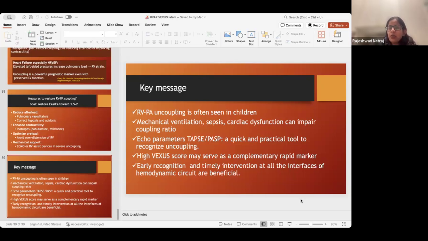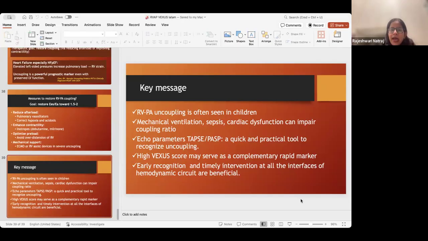So eventually what we are looking at here is, if we rule out other treatable conditions, especially the effusion, the next question is, is it because of the RV failure, or is it because of the high PA pressures? These two problems are the ones which we often see, as a result of which the RA pressure goes up and you see higher VExUS score, including the dilated IVC.